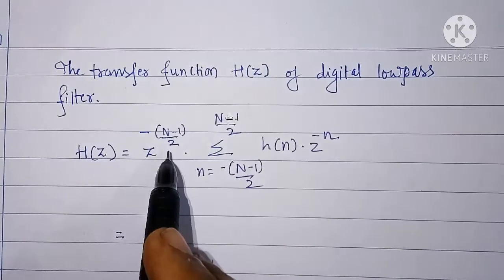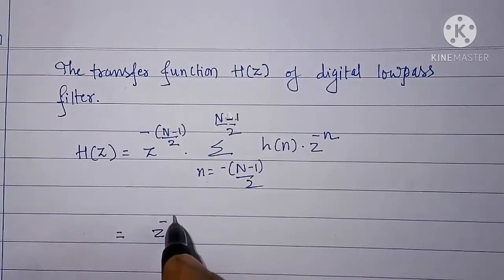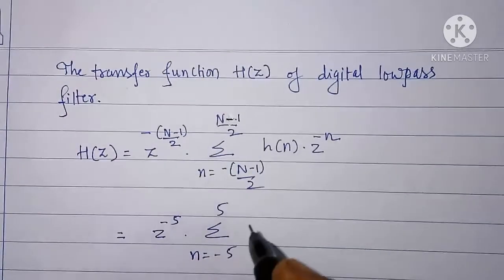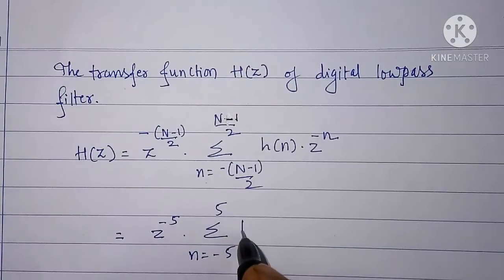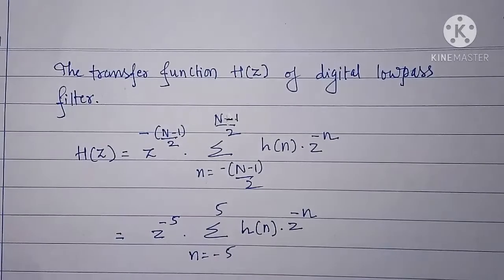n minus 1 by 2 is 5, therefore z raised to minus 5 into summation from n equal to minus 5 to plus 5 h of n into z raised to minus n.